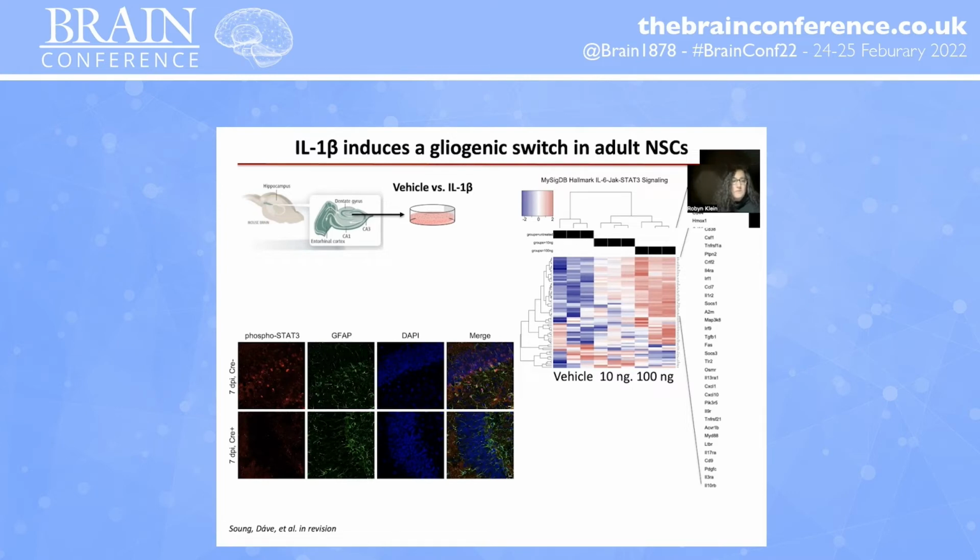And on the bottom, I'm just showing you that the Cre-positive mice, where the IL-1 receptor 1 is deleted from neural stem cells, do not express any phospho-STAT3, which is clearly found in the subgranular zone in the Cre-negative animals.